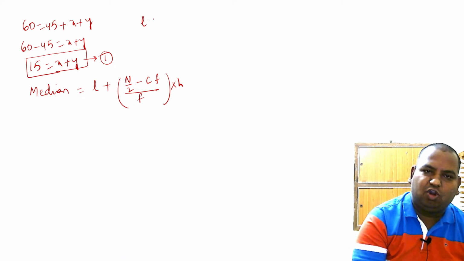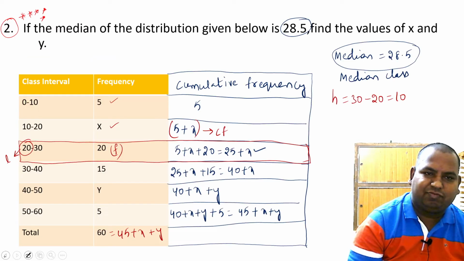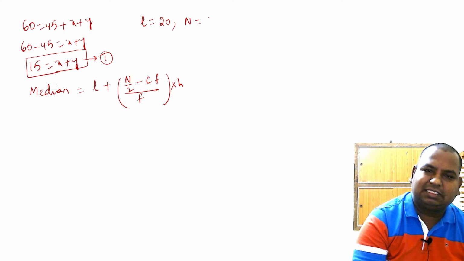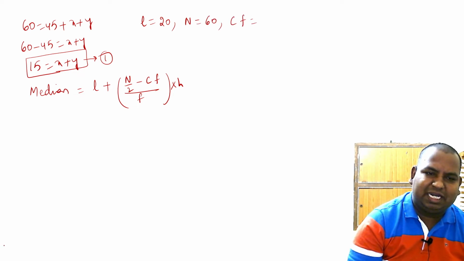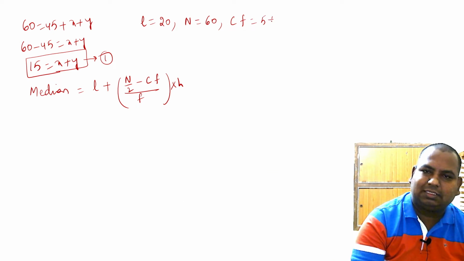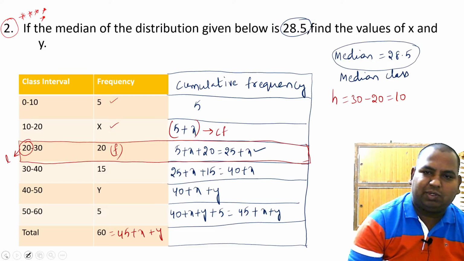The lower limit of the median class is 20. The sum of all frequencies is 60. What about CF, the cumulative frequency of the class interval preceding the median class? That is 5 plus x. Next, h is the class size of the median class, which is 10.